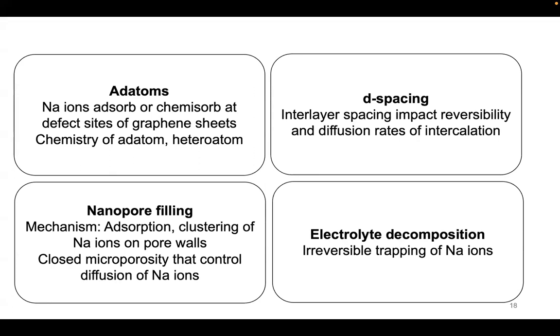So there's a lot of ways to manipulate all of these strategies. And then also, of course, there's electrolyte decomposition, which can really tweak the chemistry of sodium ion liquid electrolytes to prevent irreversible sodium ion trapping within the carbon structure.